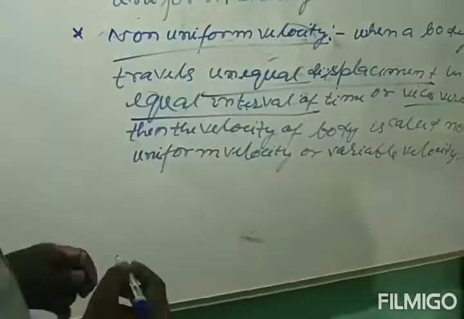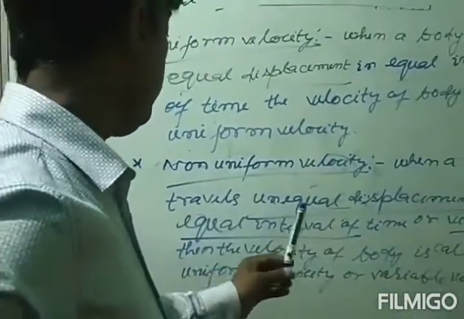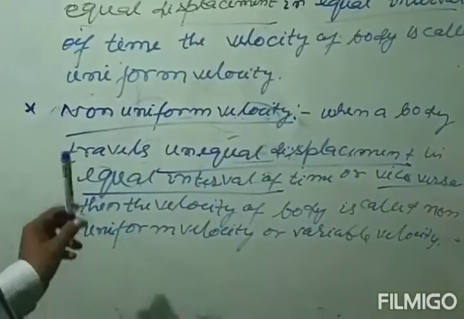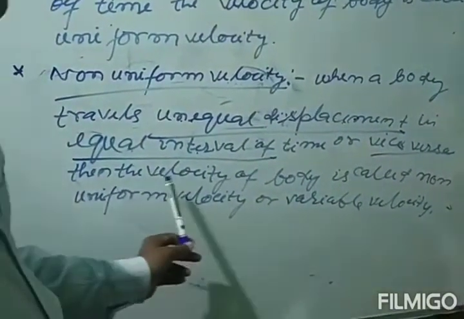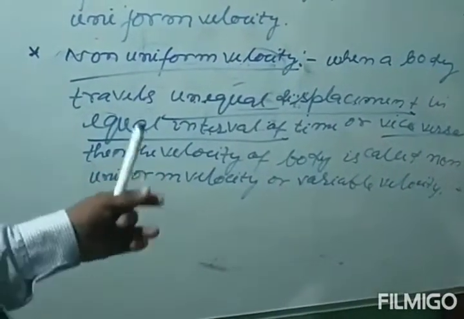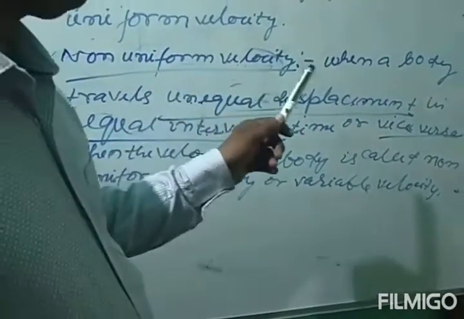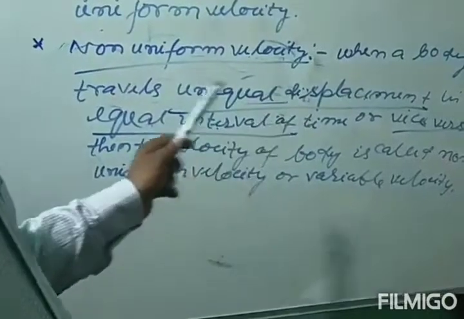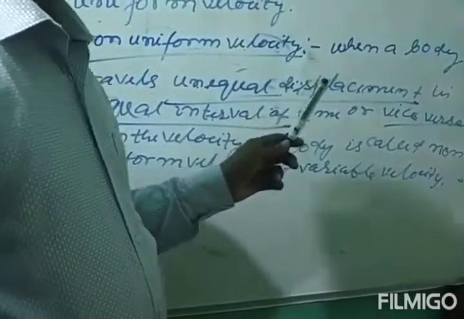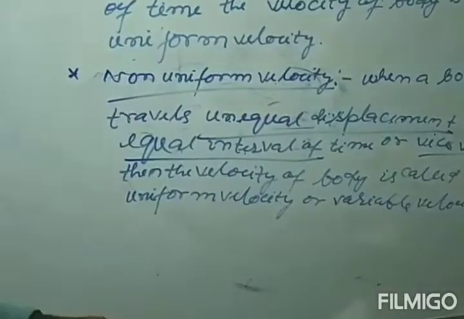So the definition: when a body travels unequal displacement in equal interval of time or equal displacement in unequal interval of time, then the velocity of body is called non-uniform velocity. Or another definition: when a body moves equal distance in unequal interval of time in any direction, then the velocity of body is called non-uniform velocity.